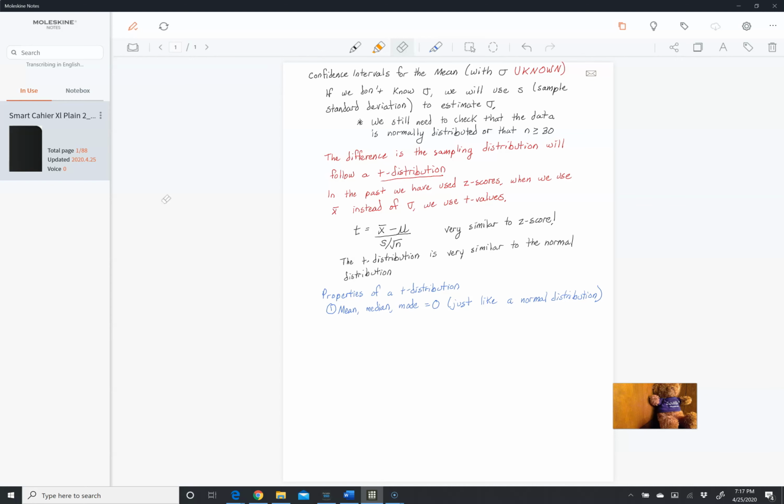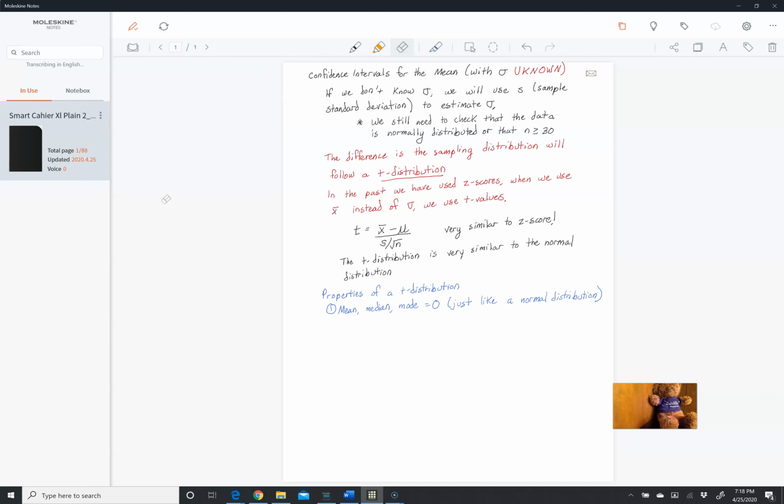But when we graph that normal curve, the mean, median, and mode are located at 0. Right? The z-score is 0 because we are 0 standard deviations away from the mean. So this is essentially the same thing. The mean, median, and mode are all the same, and they're all located at 0.